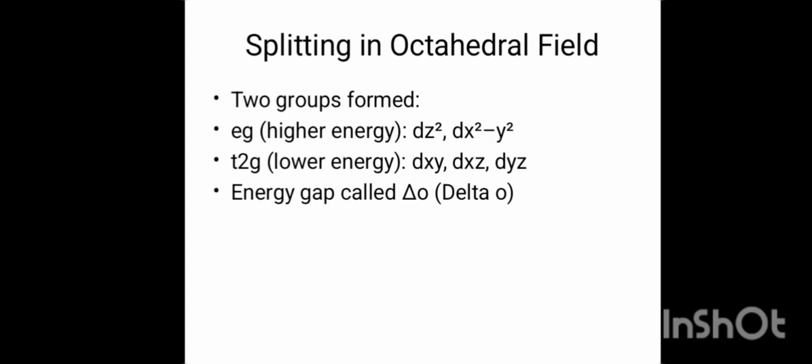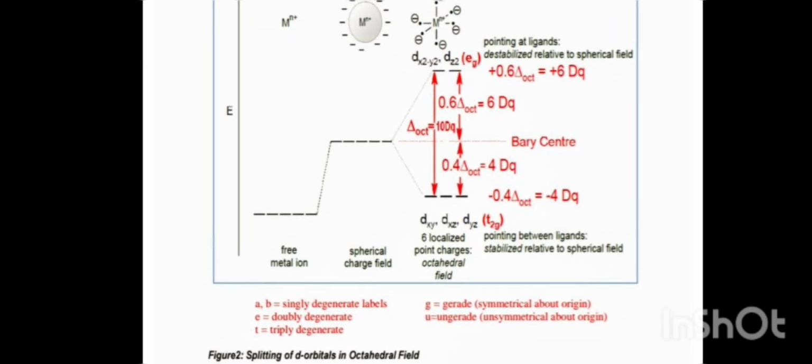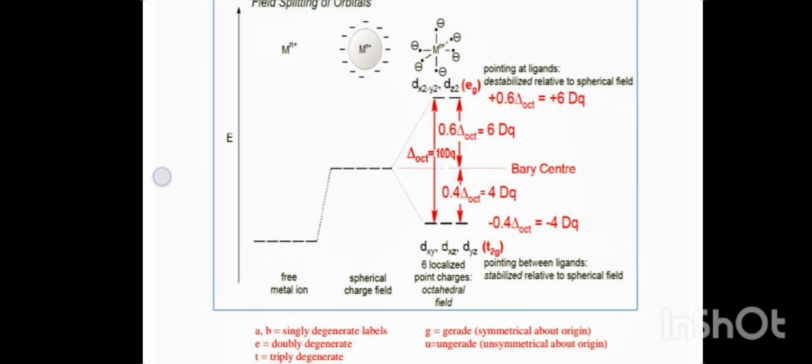Splitting in an octahedral field: two groups are formed, eg and t2g. eg has higher energy and t2g has lower energy. The energy gap is delta O. In a free metal ion there is a spherical charge field; in an octahedral complex there are six localized point charges.